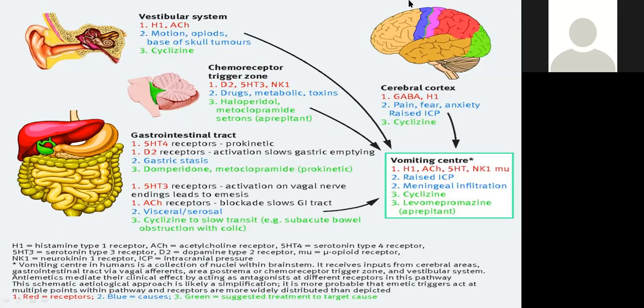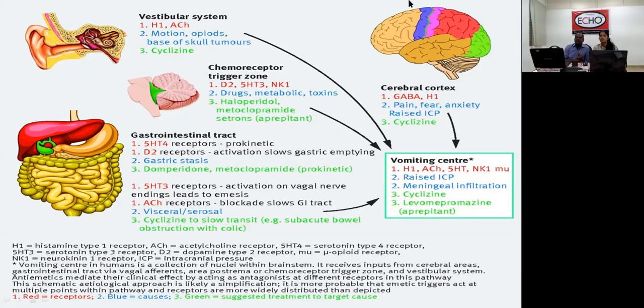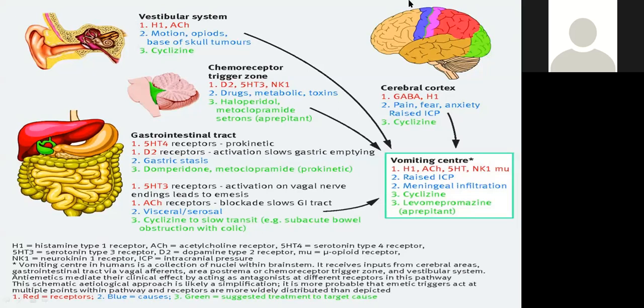What's the drug of choice for chemotherapy-induced nausea and vomiting? Yeah, chemotherapy-induced acute nausea and vomiting. Which center is stimulated? That's not in the slide actually, but that is probably a pre-palliative question, right? They should be able to answer that. Ondansetron.